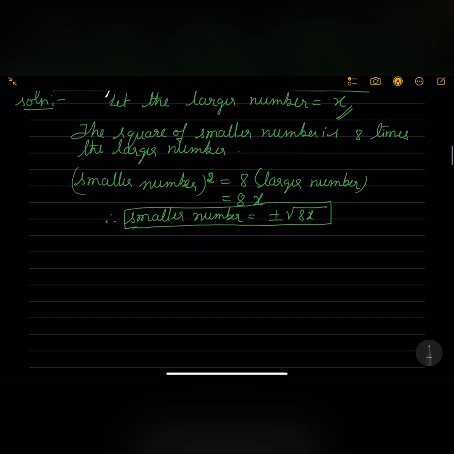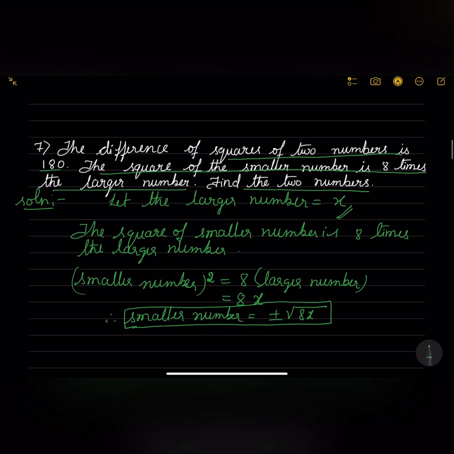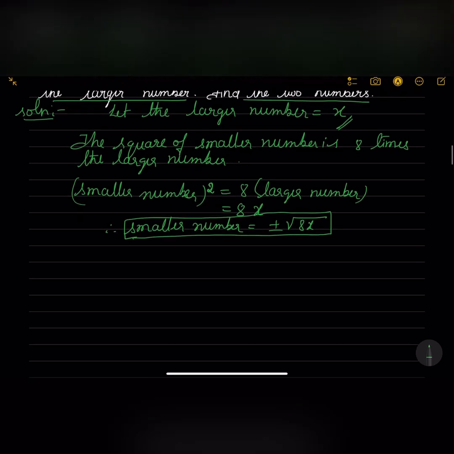Then what they have given, the difference of the squares of two numbers is 180. So we have the condition, that is the difference of these two squares is equal to 180, right?